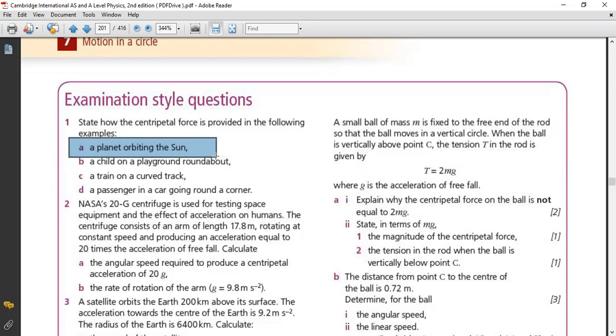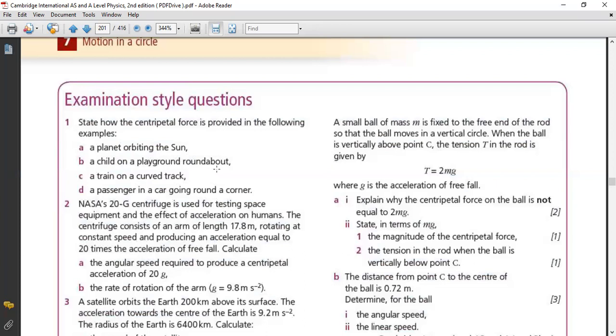What type of force will provide the centripetal force to a planet that is revolving around the sun? Gravitation. Yeah, very good. So the answer will be gravitation force. Very good.